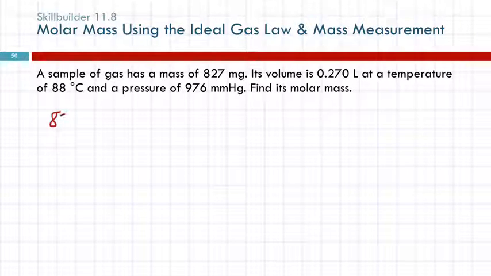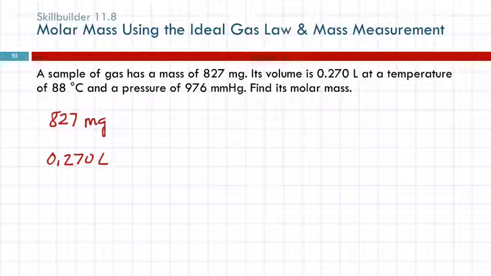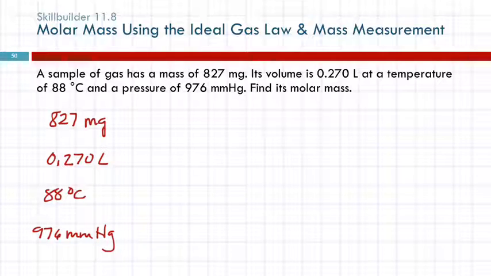We've got 827 milligrams, and we've got 0.270 liters, and 88 degrees Celsius, and 976 millimeters of mercury. Let's identify what we can.